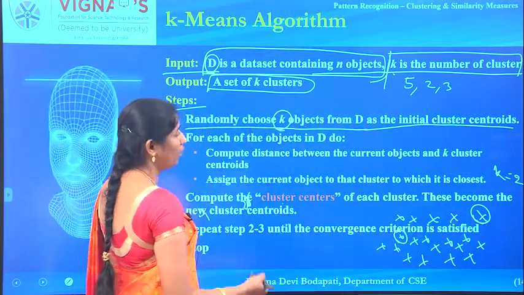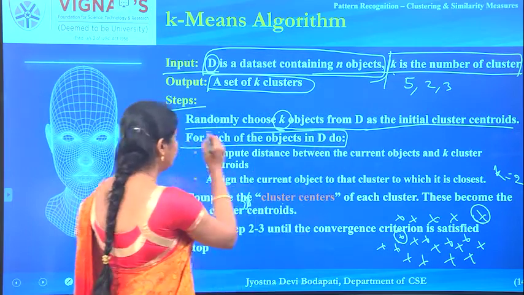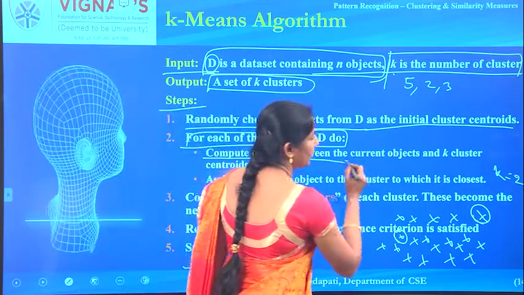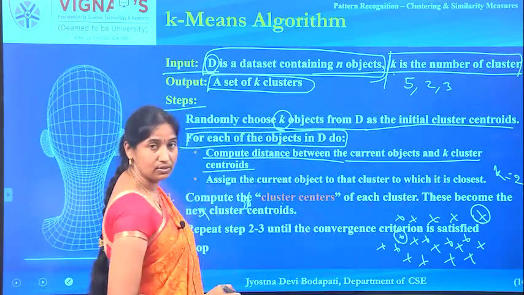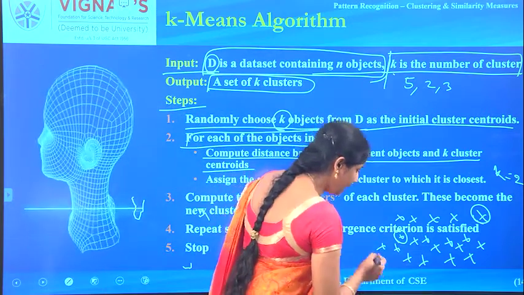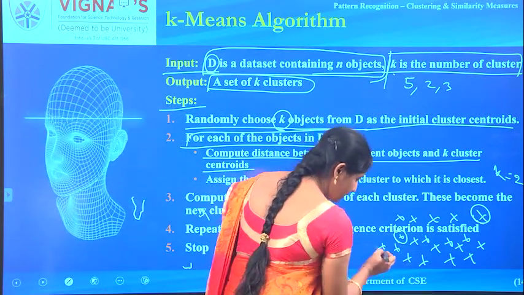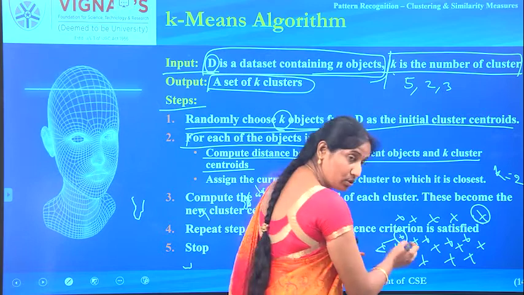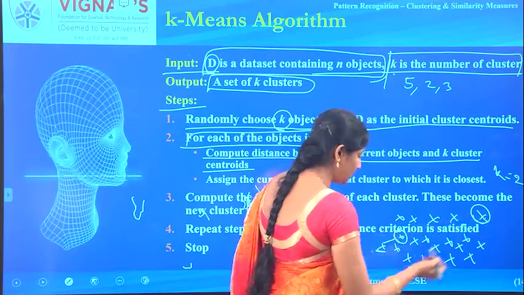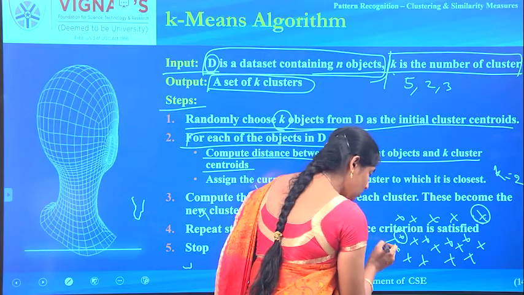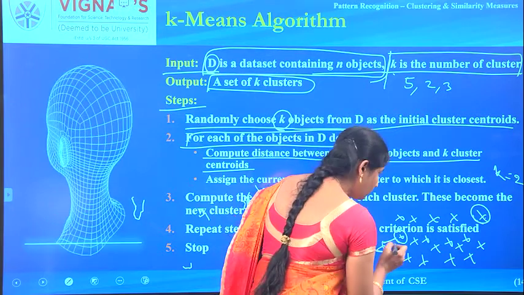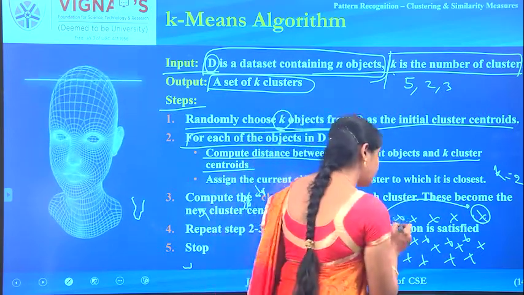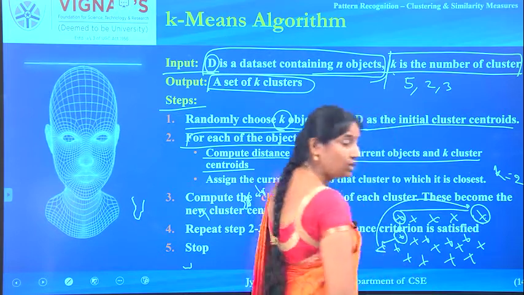Then in the next step, for every object in the data set, you need to compute the distance between the current object and all the cluster centroids. Say for example this is the object I am considering. I find the distance from this object to this centroid, which is one cluster centroid, and also from this object to the other cluster centroid.